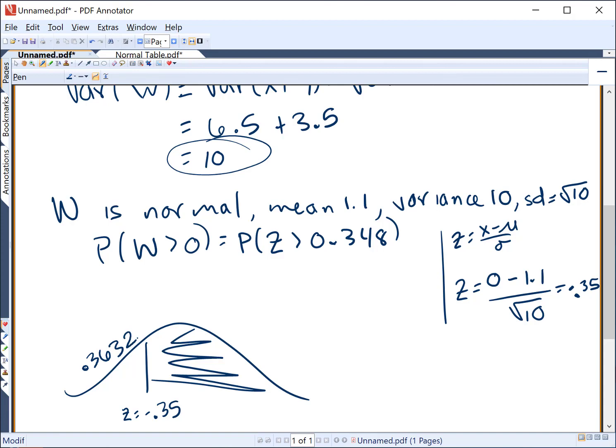But that's the area to the left. Our normal table always gives us area to the left. We wanted the area to the right. So 1 minus that 0.3632 gives me 0.6368. You'll notice that's slightly different than what you get in the solutions manual just because they didn't use the table, they used the calculator.